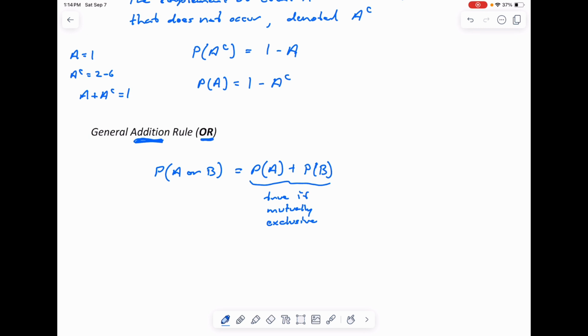If I count all the ways I can get A and find that probability, count all the ways I can get B and get that probability, and add them together, there's a chance that I have double counted something. So when it's not mutually exclusive, I need to subtract the probability of A and B, the overlap of those two things happening together.